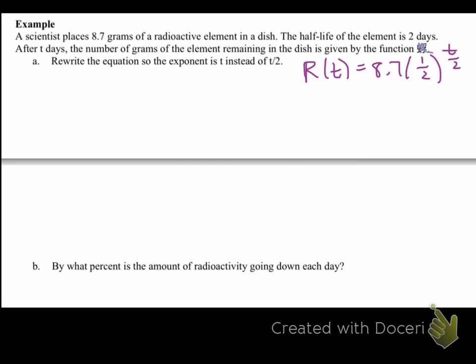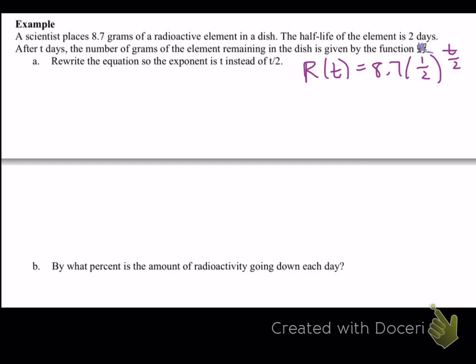It says a scientist places 8.7 grams of radioactive element in a dish. The half-life of the element is 2 days. After t days, the number of grams of the element remaining in the dish is given by the function r of t equals 8.7 times 1/2 raised to the t over 2. Letter A says rewrite the equation so the exponent is t instead of t over 2.